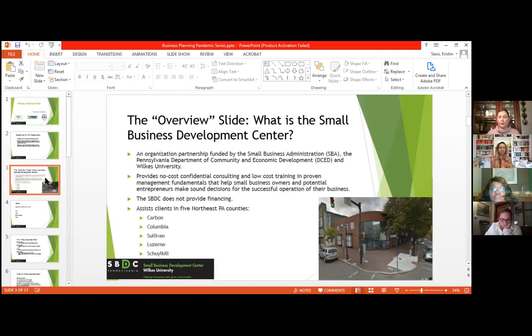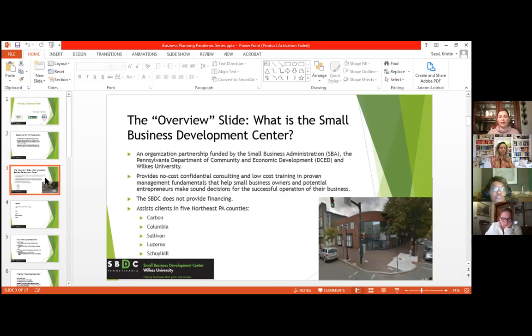So again, we help with startups. We do work with existing businesses. A lot of times the businesses come back to us because they want to expand, and they're actually required to write a business plan and put together financial projections. So we help with existing businesses too.